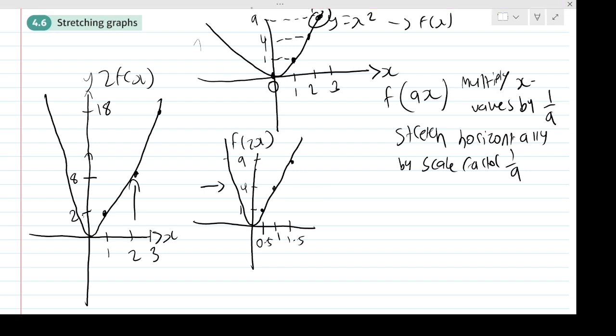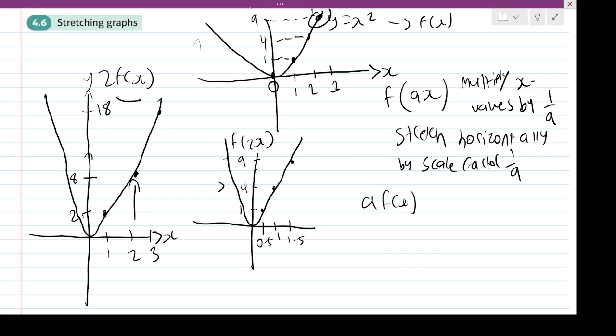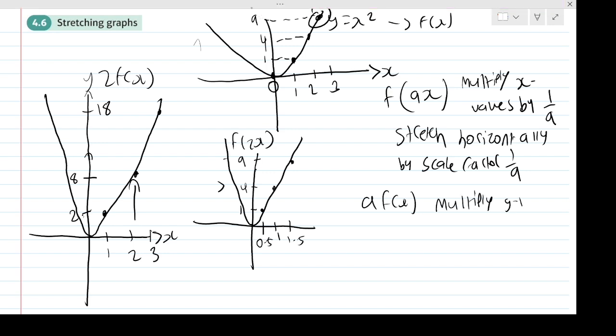So because of that, we can then generalize to say af of x, obviously this was when a was 2, but af of x for any function, we are multiplying the y values by a, okay, because that's what you expect. We're not dividing by a, we do exactly what we expect, we multiply by a, because we're doing a multiplied by f of x, which is y.